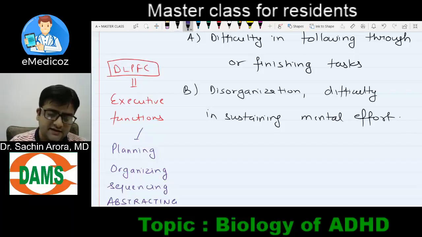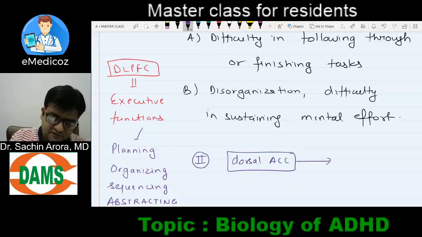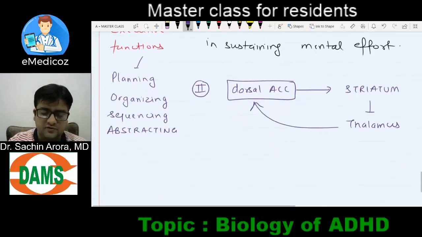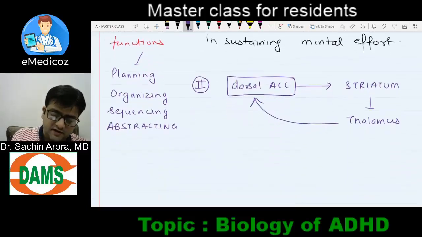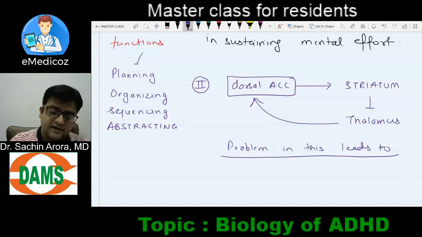Okay, let's understand the second loop. The second loop starts from dorsal anterior cingulate cortex, goes to striatum, again to thalamus, and back to dorsal ACC. Problems in this loop lead to which symptom of ADHD?